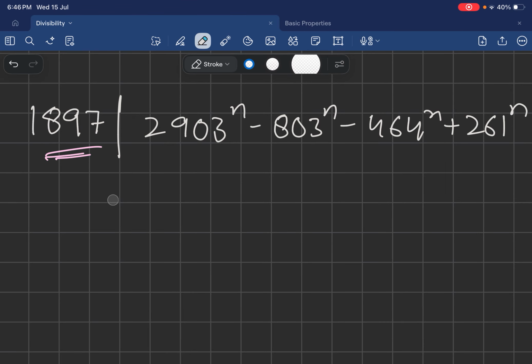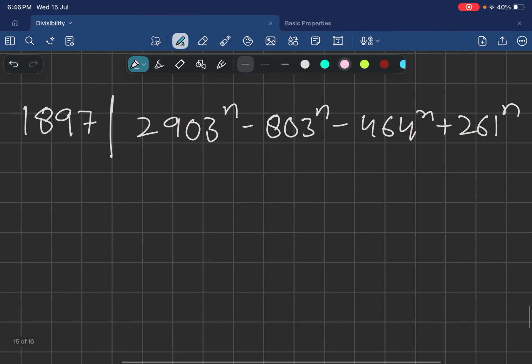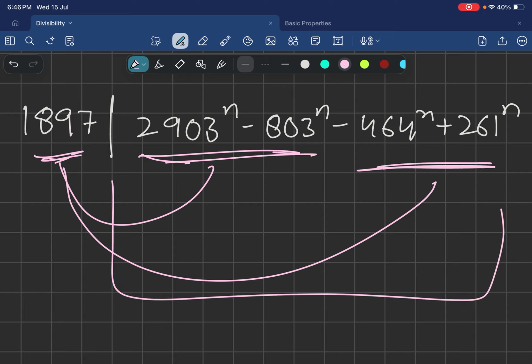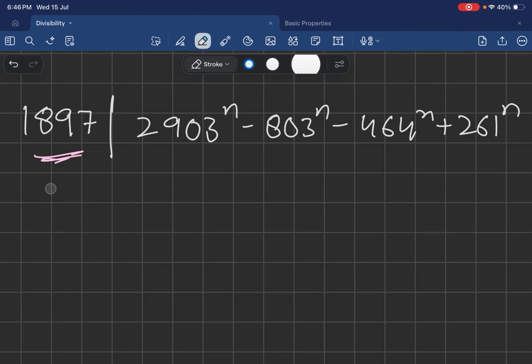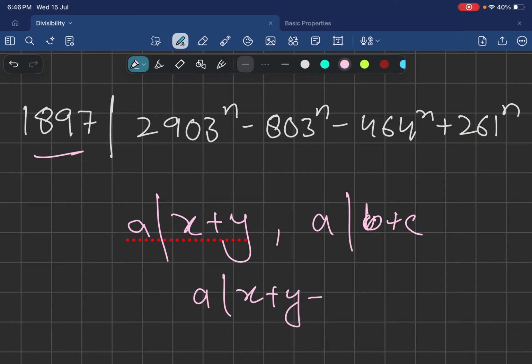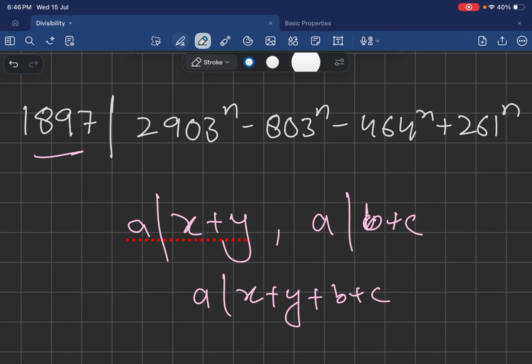Here we want something to divide this sum, but it's not 1897, it's 2100. So we are not seeing a clear indication that 1897 would divide this sum. If 1897 divides this, then we can say 1897 divides the whole, using the property that if a divides x plus y and a divides b plus c, then a divides x plus y plus b plus c.